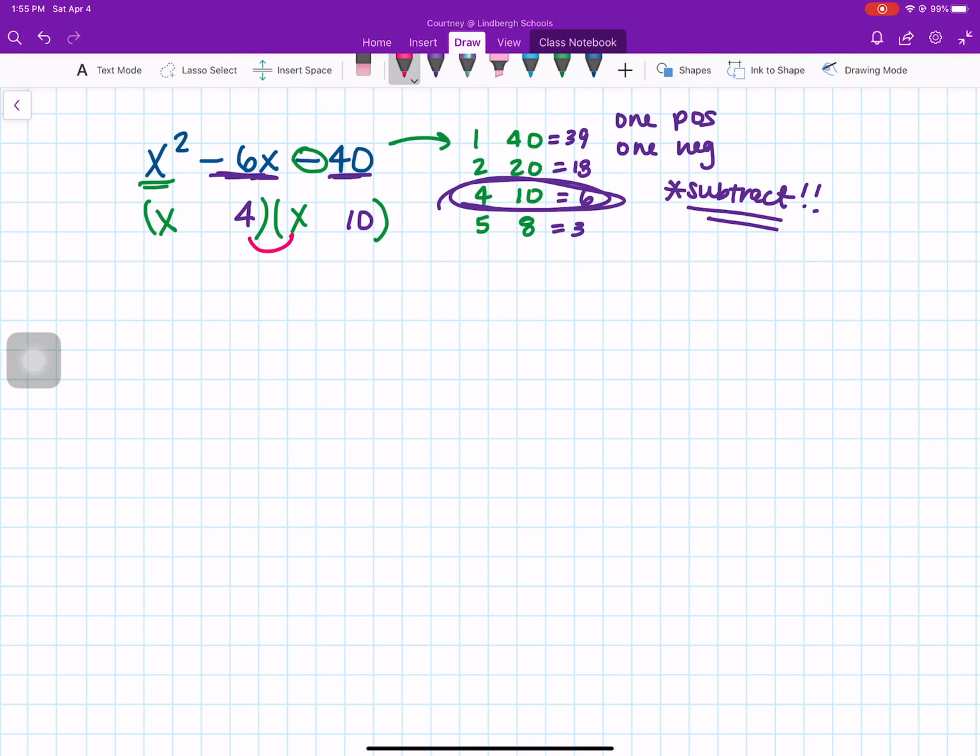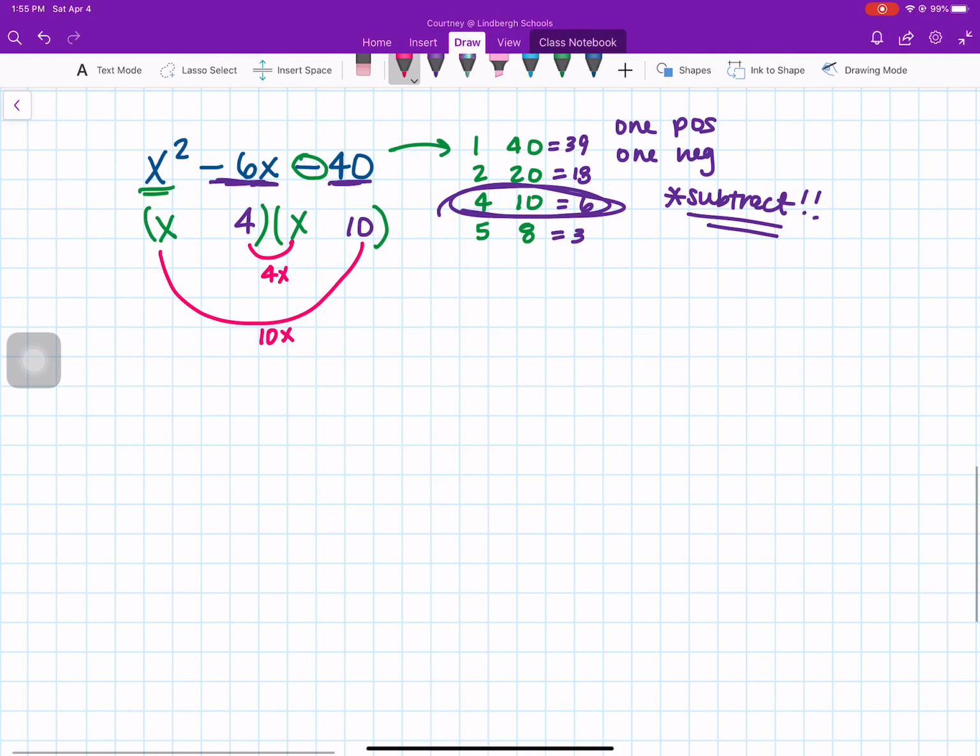So we're going to do our rainbow to figure out which number really needs to be positive and which number needs to be negative. So to get negative 6, I either need to do 10 minus 4 or 4 minus 10. 10 minus 4 is positive 6. 4 minus 10 is negative 6.